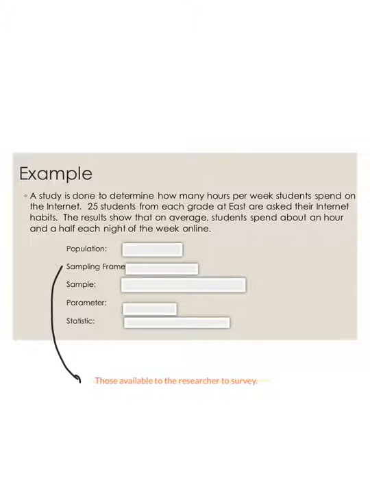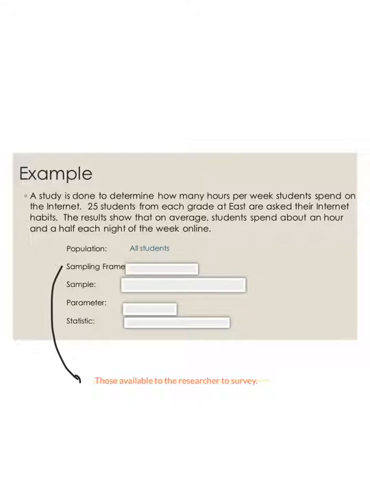So, first question, what is the population? Well, who is it that we're hoping to learn about? We're hoping to generalize about all students. The sampling frame, remember, is those available for us to ask. So who is available for us to ask?